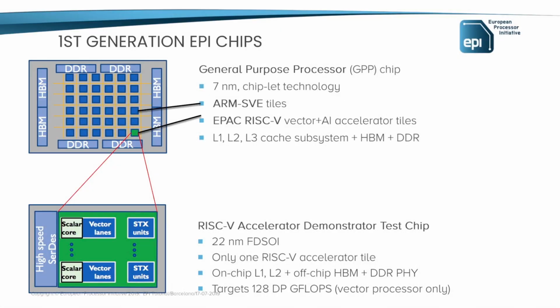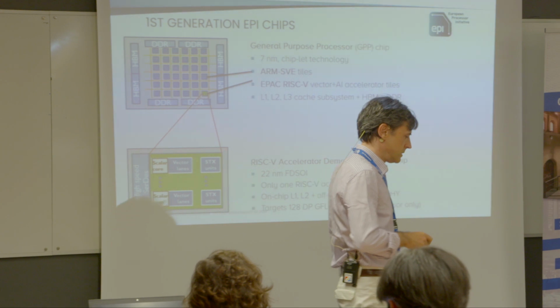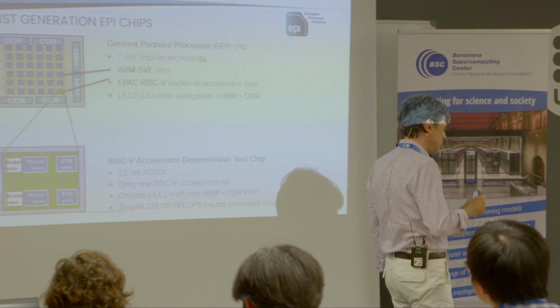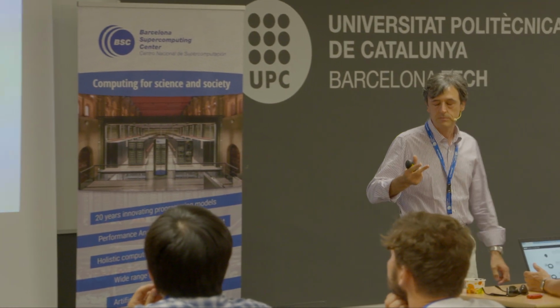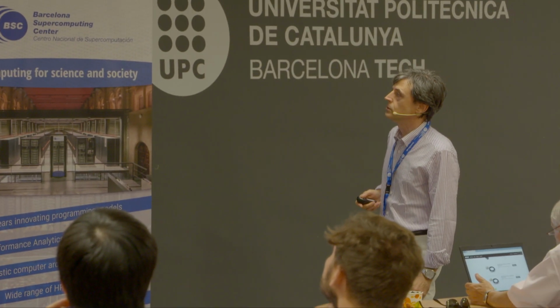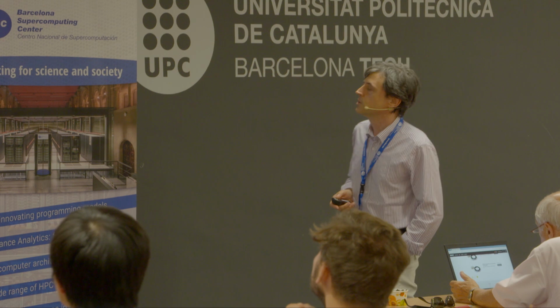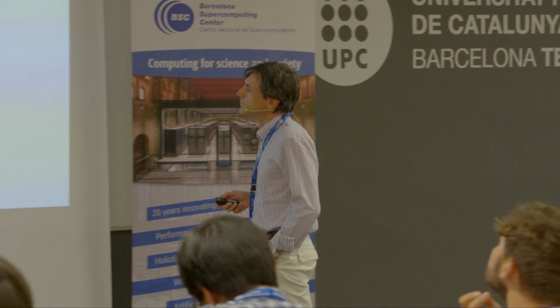This is a sketch of the general purpose chip that is going to be taped out by the end of next year. It is targeting 7 nanometer chiplet technology. You heard that there are basically three technology providers for this: Samsung, Intel, and TSMC. It is not difficult to guess which is the one that we are going to address.